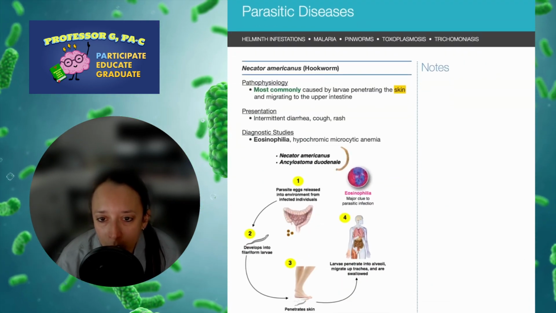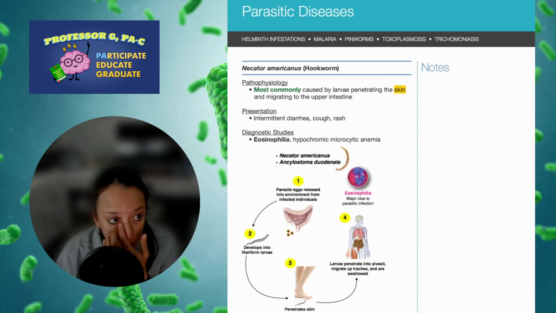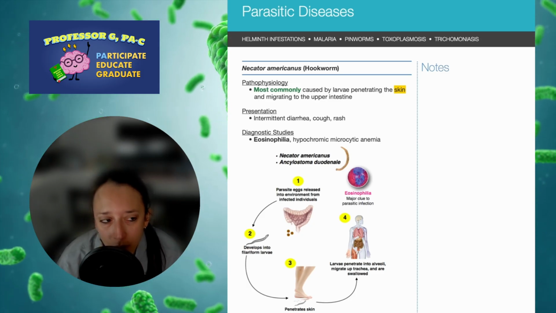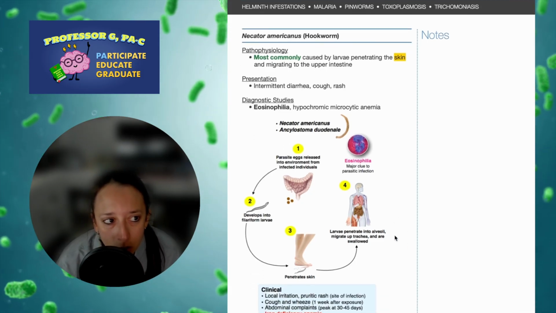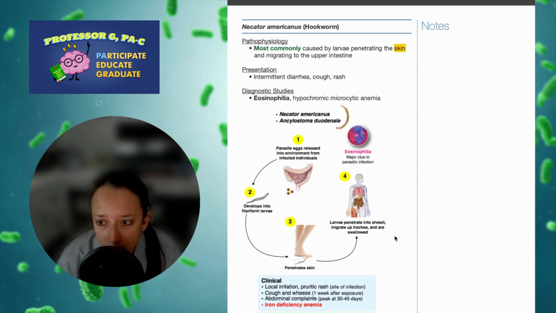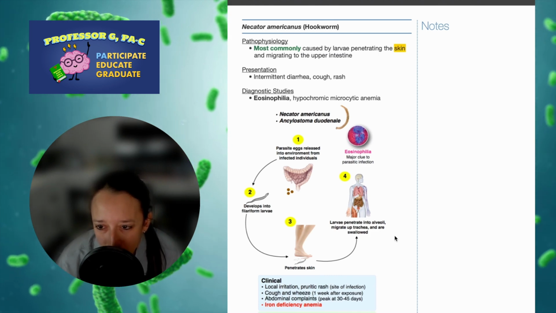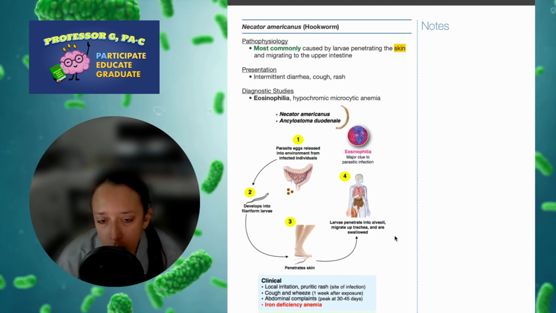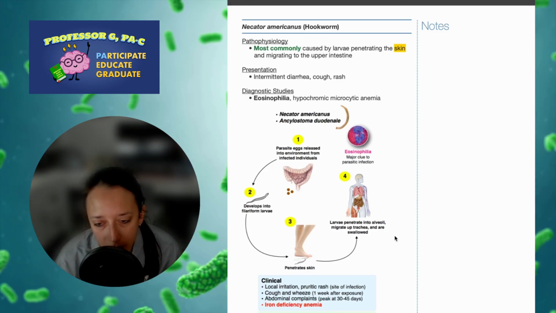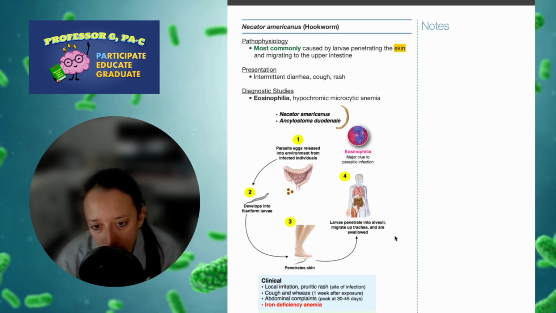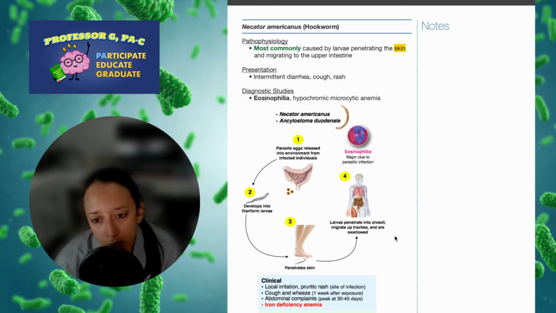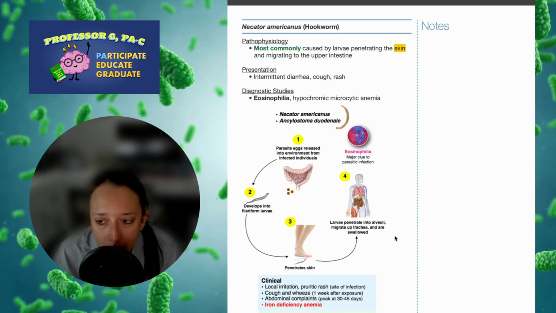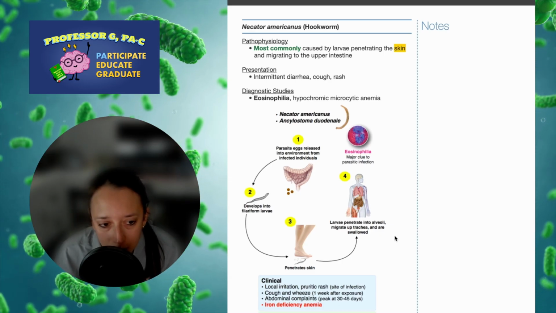Now we're working on some of the parasitic diseases. So first off, let's start off with the hookworm. The hookworm is most commonly caused by Necator americanus, and it's transmitted when the larvae penetrate the skin, often the feet, and then they migrate to the small intestine. So the presentation might include intermittent diarrhea, cough, or pruritic rash at the entry site.